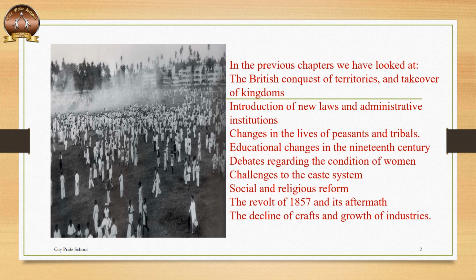In the chapter Ruling the Countryside, we have discussed a lot about various revenue systems introduced by Britishers in India to collect revenue from peasants and zamindars. We have also learned about cash crop production like indigo cultivation, which ruined the lives of peasants and tribals.